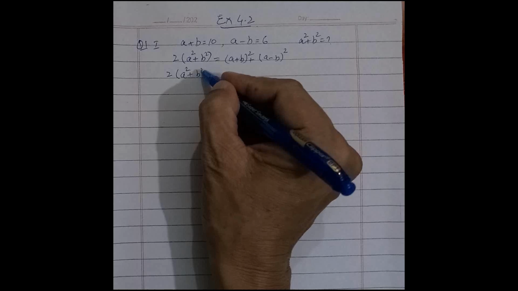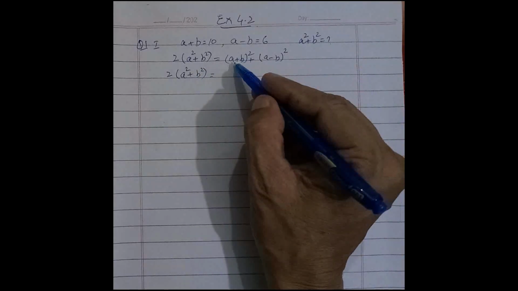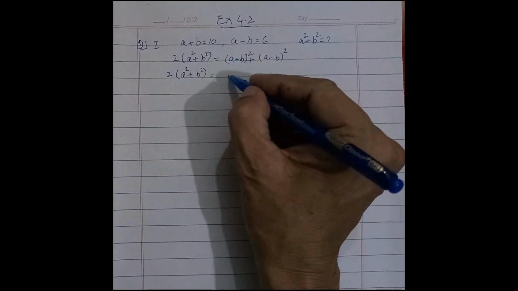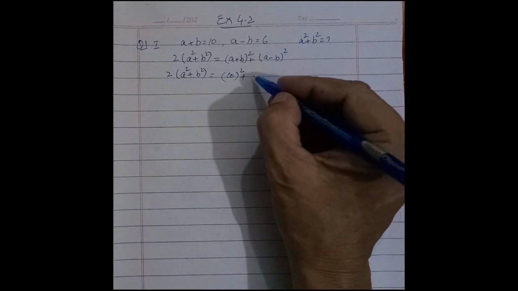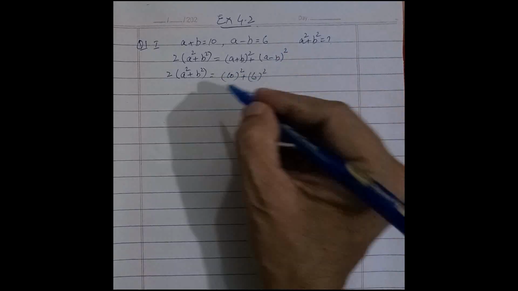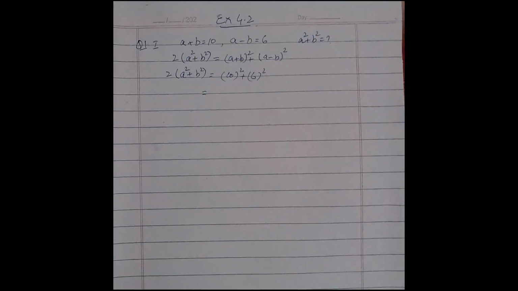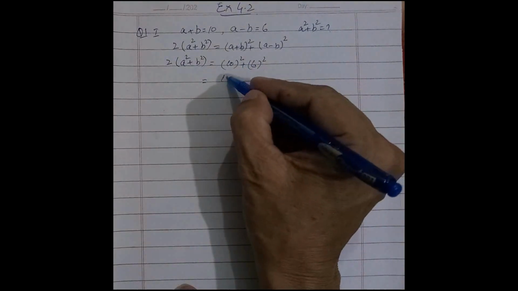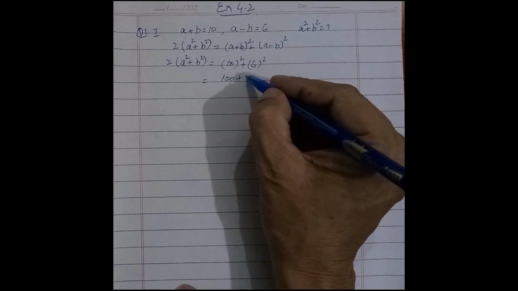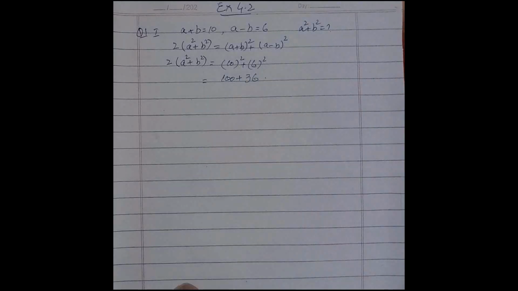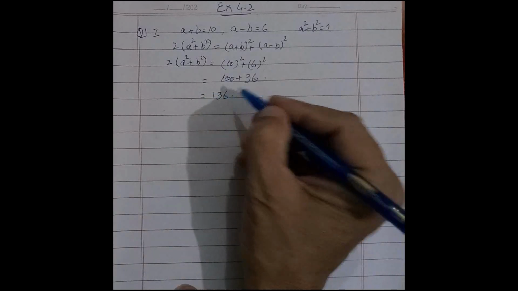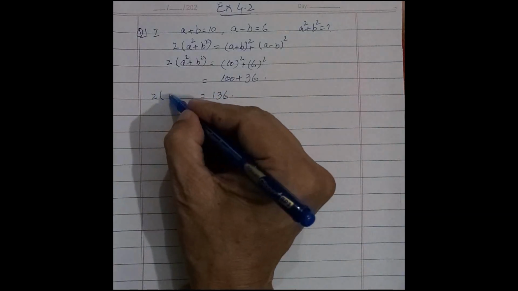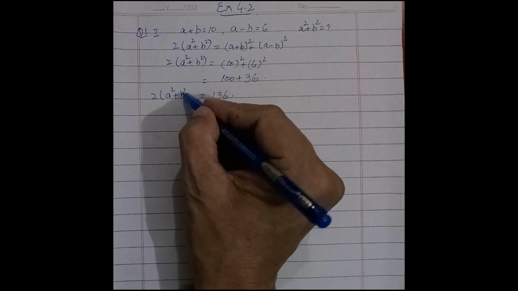2(a square plus b square) is equal to a plus b is 10, it means 10 square, plus a minus b is 6 square. Now we solve it, which is 10 square is equal to 100, 6 square is equal to 36, and the answer is 136, and which is equal to 2 into (a square plus b square).